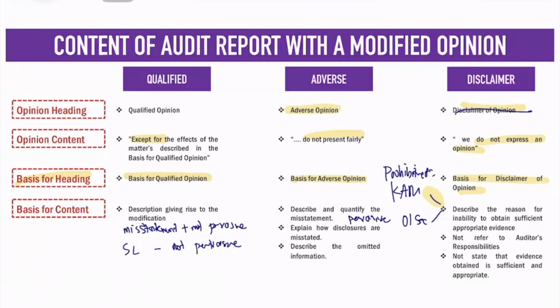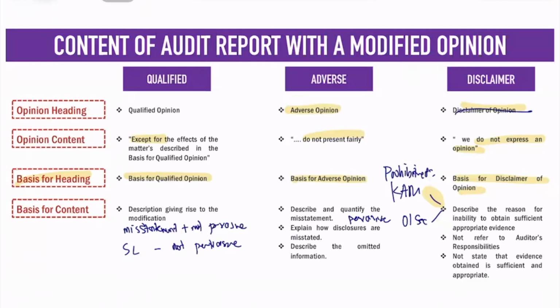Why? Because you did not obtain any audit evidence, and normally for key audit matter, you determine that there is a significant item. And when can you determine that it is a significant item? If there is audit evidence. And since there is no audit evidence, therefore you cannot provide a key audit matter. So even if it is required in the PSA, for example, the entity is listed. It is a listed entity.